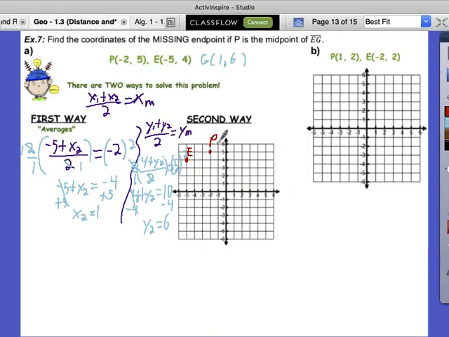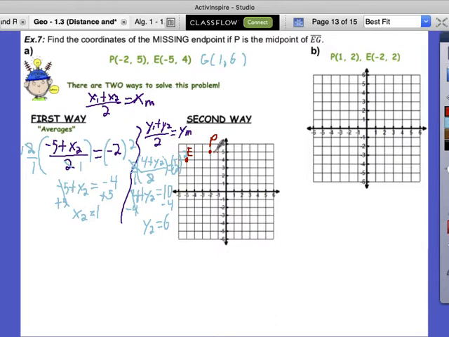So how far to the right did we go from E to P, from our endpoint to our midpoint? I went 1, 2, 3 to the right. So we're going to go the same distance to the right to get from P to our other endpoint: 1, 2, 3 to the right. So we know we're going to have an x value of 1, which is what we have. And I went up how many from E to P? 1.